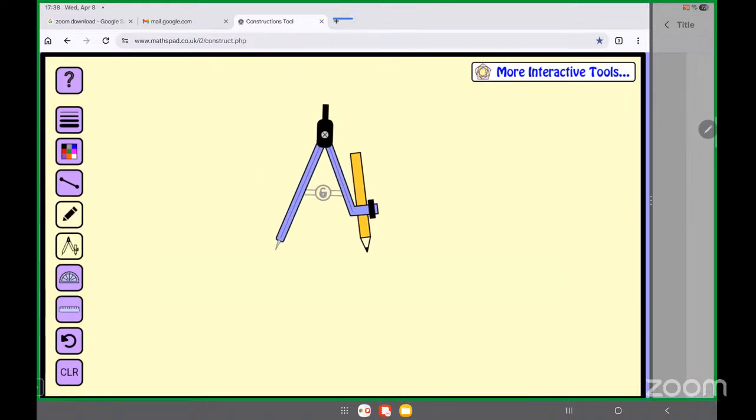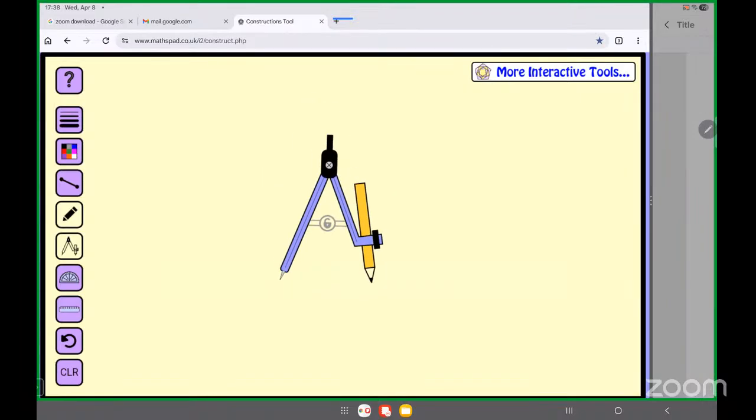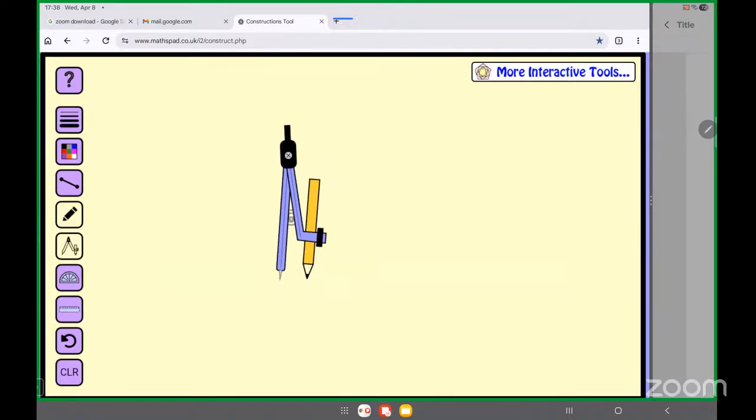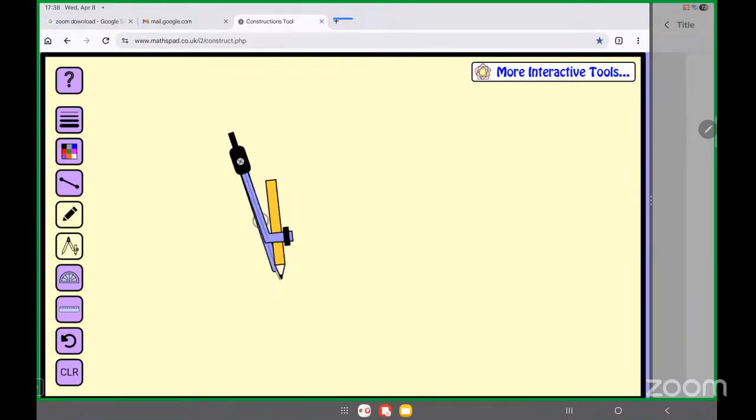Now, this thing is your best friend in this topic. You want to ensure that when you set it up in your geometry set, the pencil point and the point of the compass are at the same place. So you close it and make sure that they're in the same place. Right here.